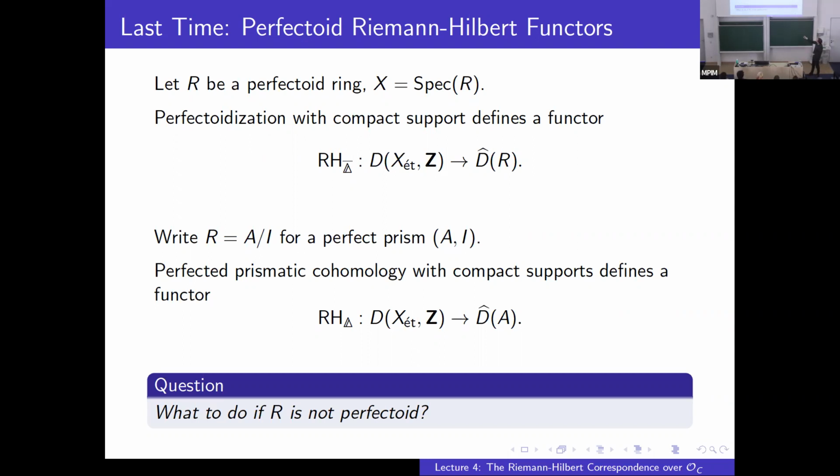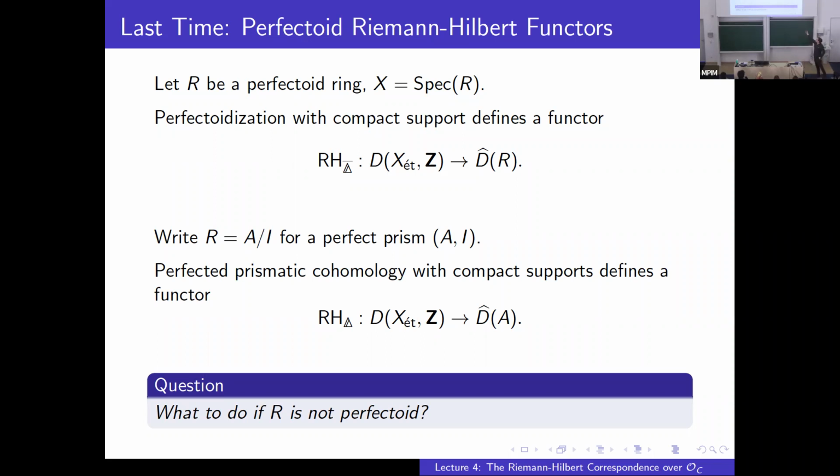So what use is it to have some invariant of étale sheaves on the spectrum of an absolutely enormous ring like that? The answer is, if R is not perfectoid, if it's some much smaller ring, you try to map it to perfectoid rings, approximate it by perfectoid rings, and see what pops out.